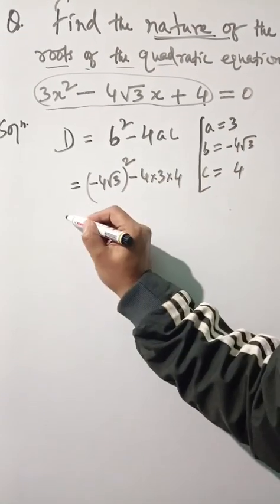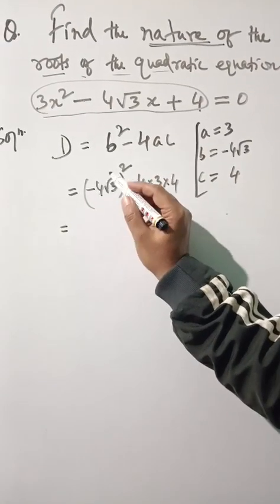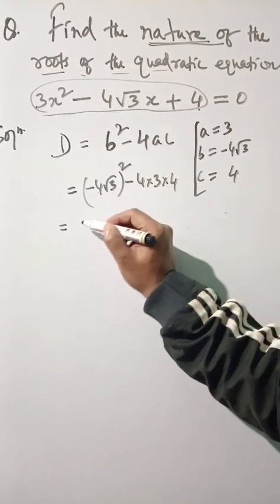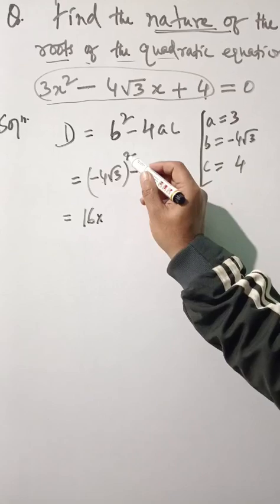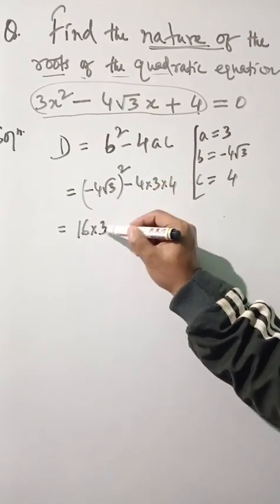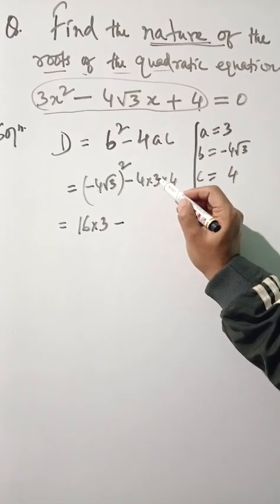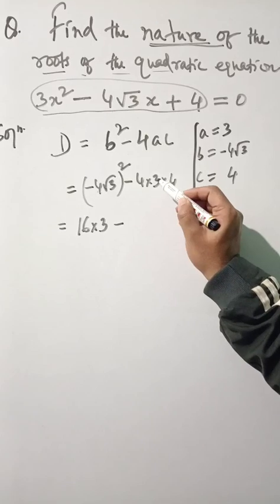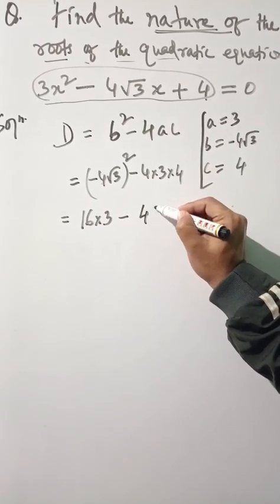So let us calculate how much here. Minus into minus is plus. 4 square, that means 4 4s are 16. Root 3 square, that means 3. Root 3 into root 3 is 3. Then here 4 3s are 12. 12 into 4, 12 4s are 48.